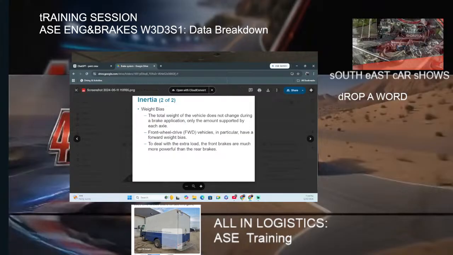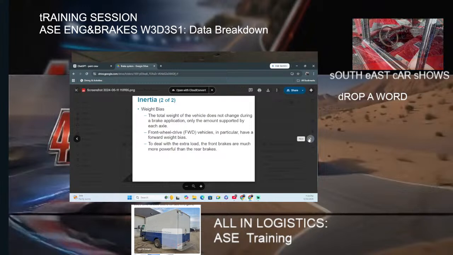But we do know that the rear brakes are not as strong as the front. That's the reason why a lot of times you see drum brake applications in the back, and then disc brakes with calipers and things of that nature in the front.